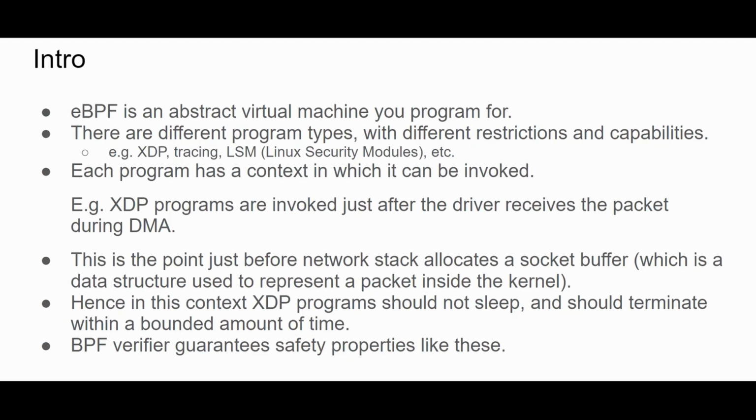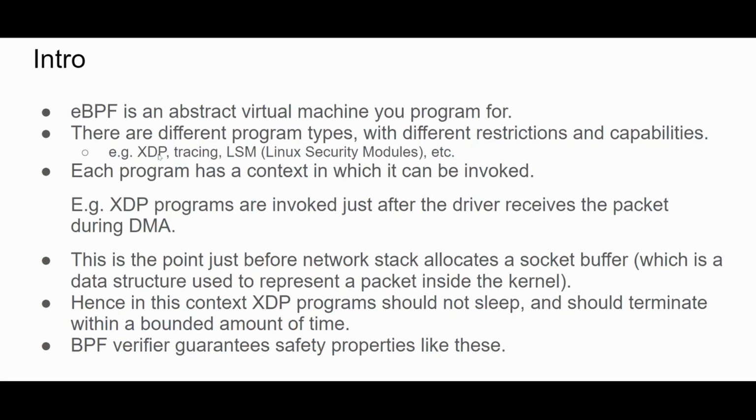For people who are new to this, there are different types of programs. Depending on where the program runs, there are different kinds of restrictions, and different features you can use inside the program, such as different helpers.